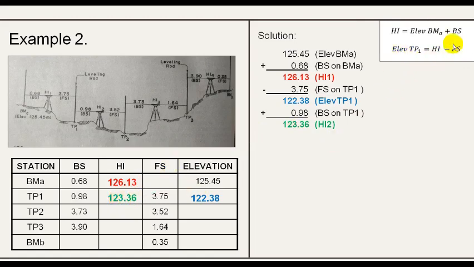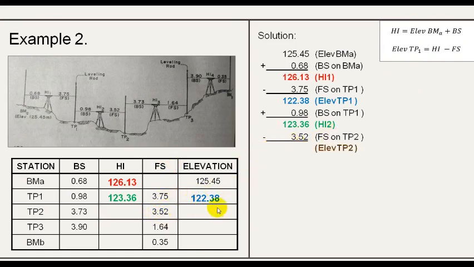Next, we go to the second formula: height of instrument of the second setup minus the foresight at turning point 2, which is equal to 3.52.